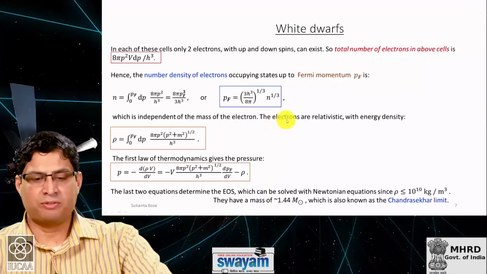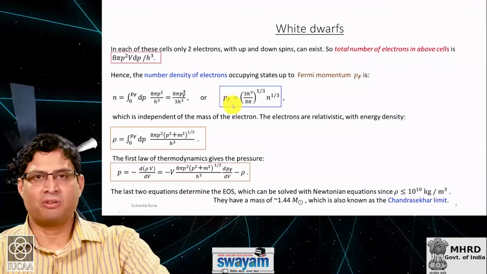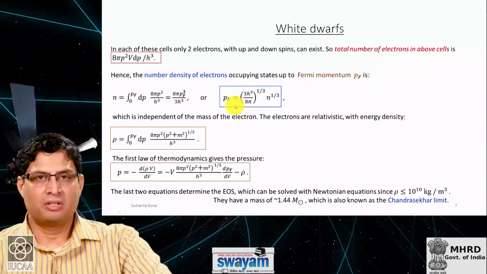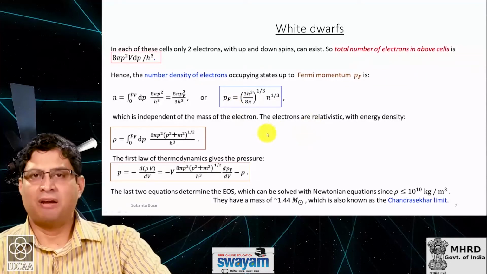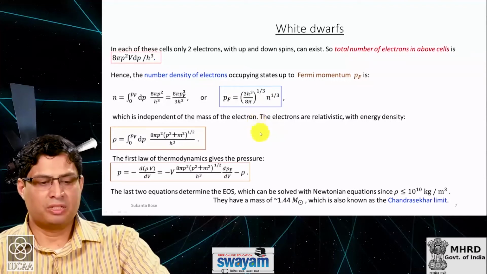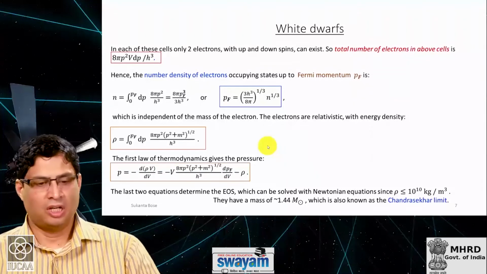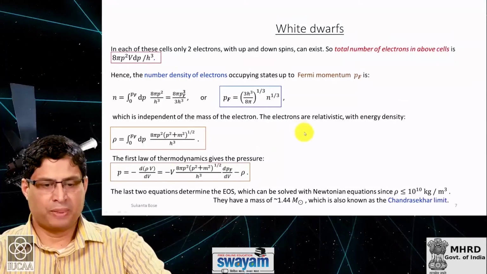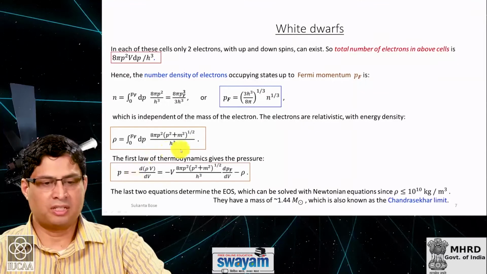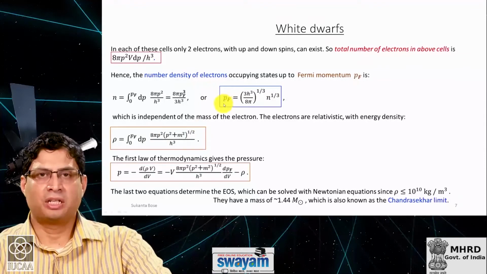Now, for white dwarfs, you can show that this gives a relativistic speed for the electrons. So, it is important that you are solving these equations respecting relativity, but the gravity is still relatively weak, so Newtonian gravity will give you approximately good answers. You can just solve the Newtonian hydrostatic equilibrium equations for this problem to figure out the pressure and density, provided you allow for the momentum of these electrons to be relativistic.